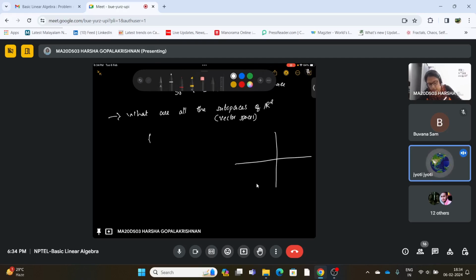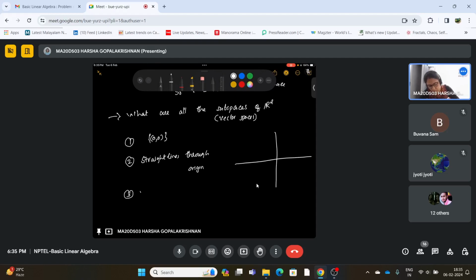Straight lines passing through origin, and R2 itself. There are only three possibilities.